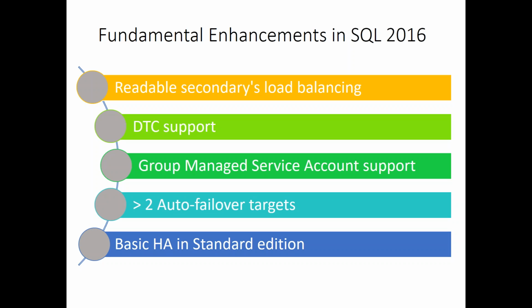If you have server 1 as the first entry in the preferred owners, which typically would be your primary owner, and then you have server 2 and server 3, failover will always happen to server 2 first, provided server 2 is available. If server 2 is not available, failover will happen on server 3, right? So SQL Server decides based on the cluster preferred owners setting for doing the failover.